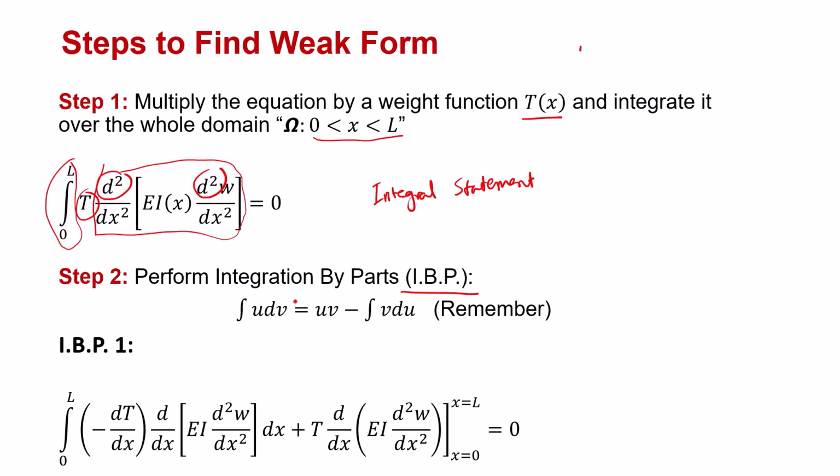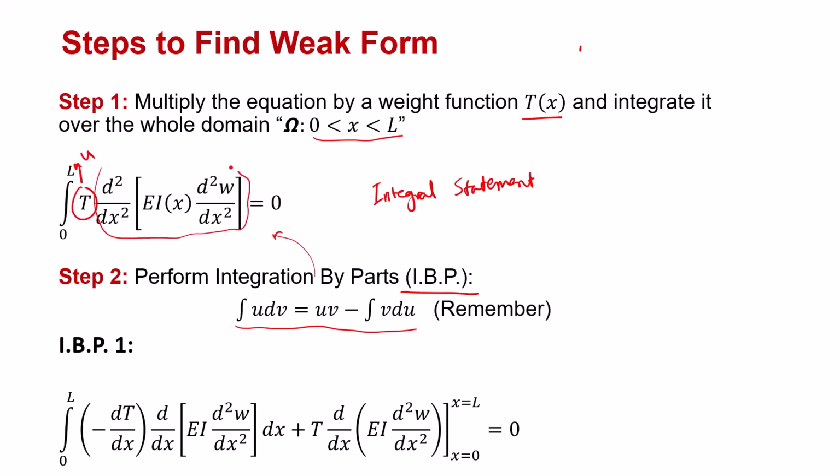If you remember, the integral of u dv is uv minus the integral of v du, and this is the simplest form of integration by parts. We apply this formula on the integral statement we have here, considering t as our u and the whole thing here as our dv.